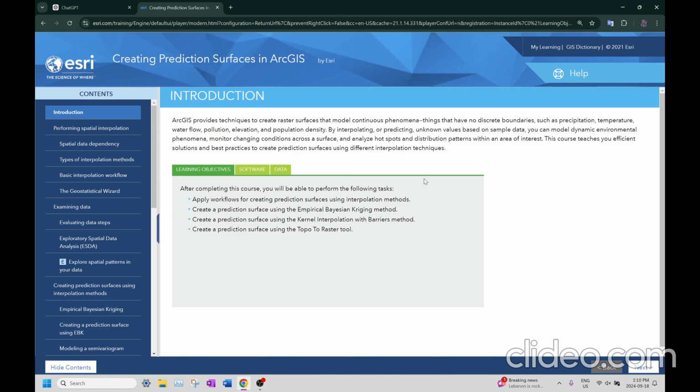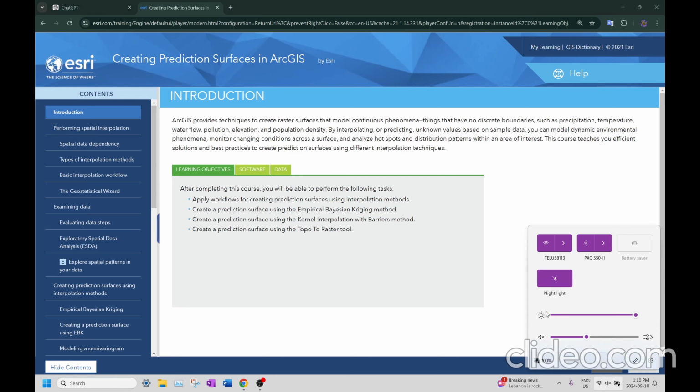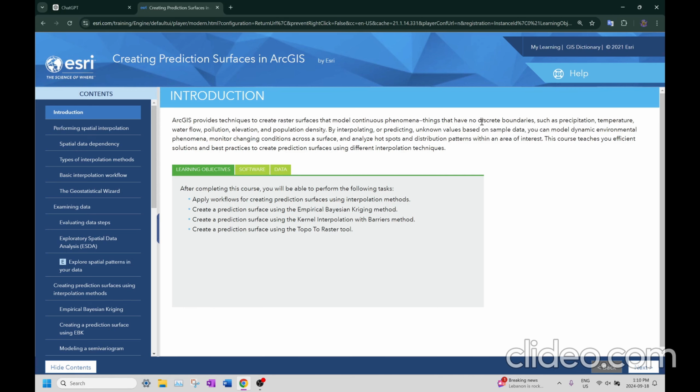2024 September 18th. This one's a new concept called prediction surface in ArcGIS. Because we have to encounter numerous continuous phenomena and there's no discrete boundaries, we have to implement interpolating, predicting values based on sample data.